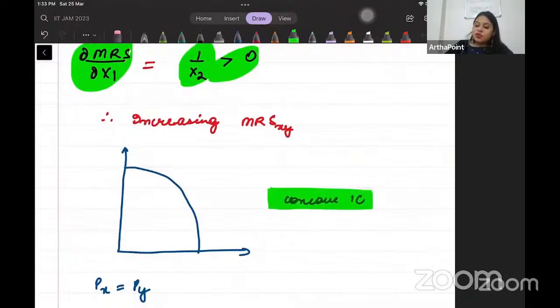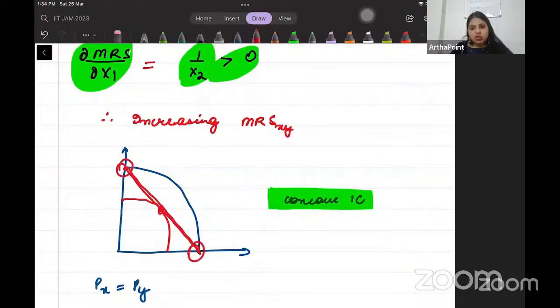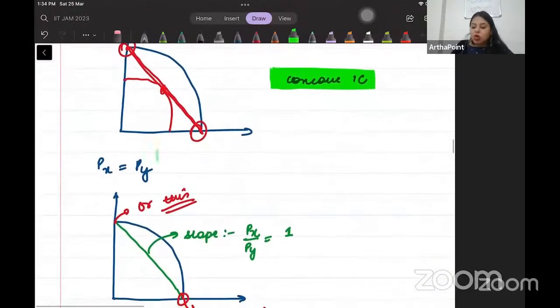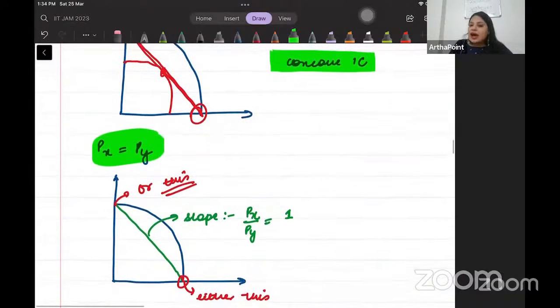And we know that for concave ICs, we don't see a tangency, because it happens here. If my budget line is this, then we will get the solution at the extremes, right? And in this case, when the slope of the budget line is 1, when prices are equal, then I am indifferent.